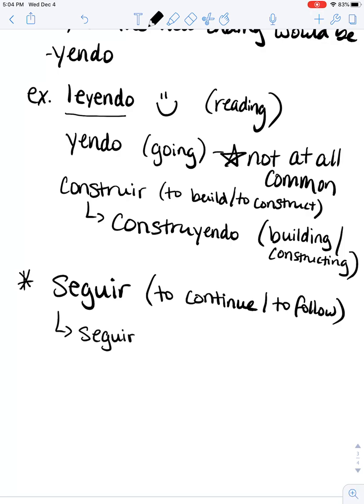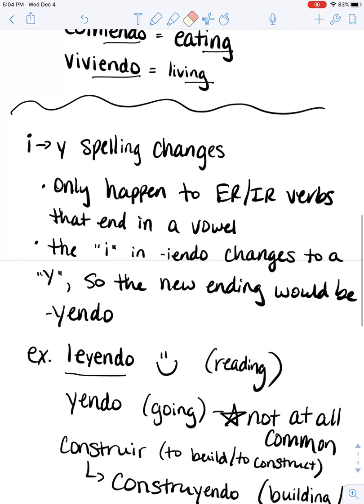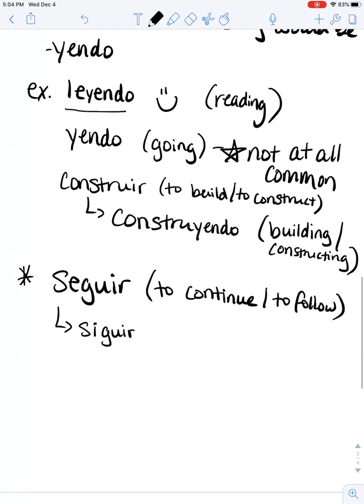We're going to see in a second that with boot verbs, this I is going to eventually change to a Y. Here we go. Our rule for the I to Y spelling changes: if we take off that IR, we're left with a vowel.